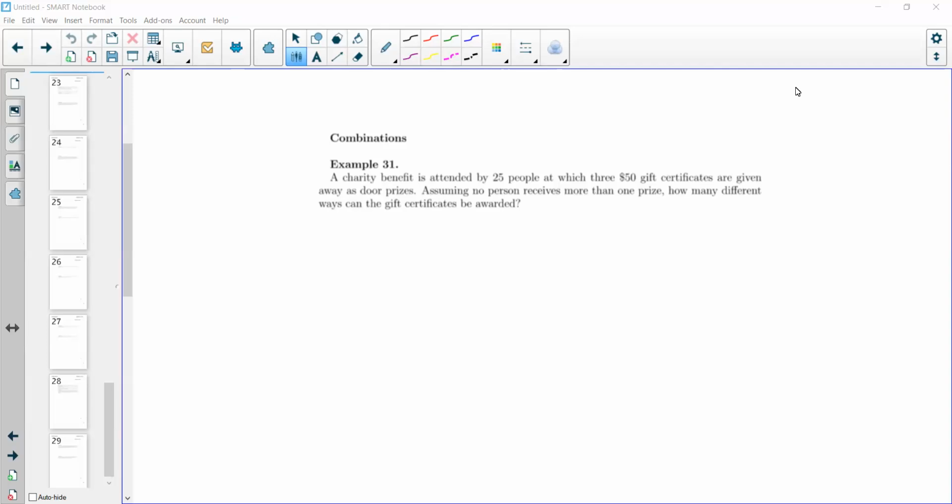We have a charity benefit attended by 25 people, at which three $50 gift certificates are given as door prizes. Assuming no person receives more than one prize, how many different ways can the gift certificates be awarded?